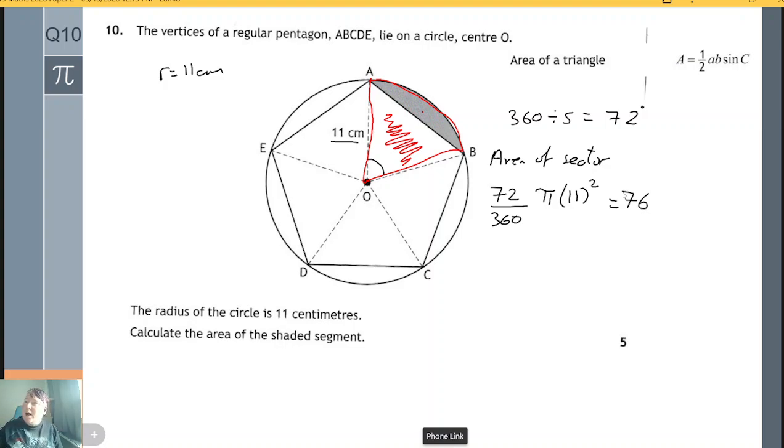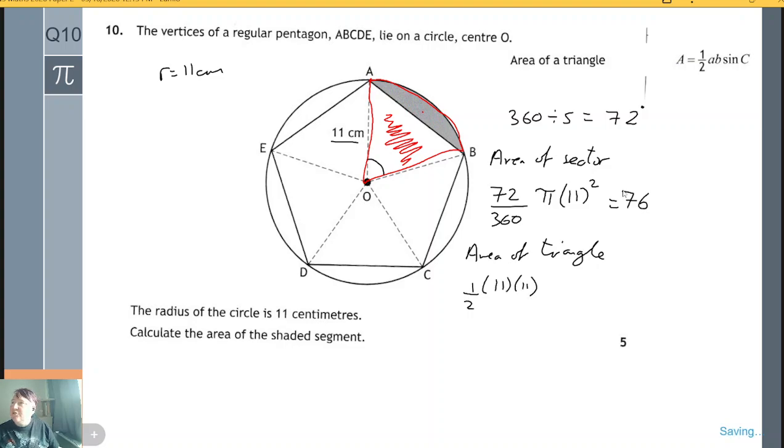Okay. And the area of the triangle is going to be a half times a and b, which are 11. That's 11 squared again, 121, and sine of our angle, which is 72.